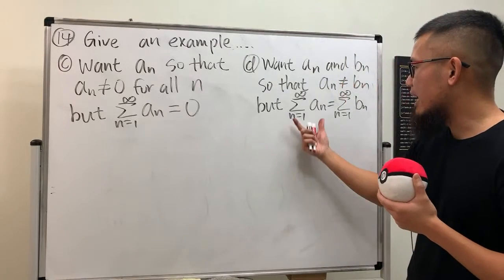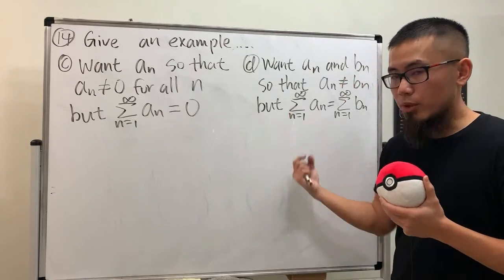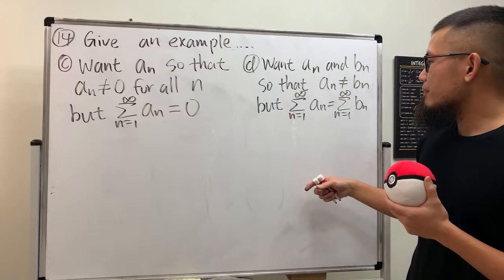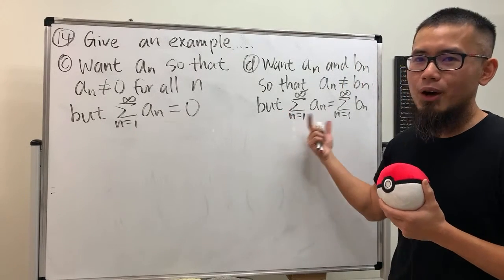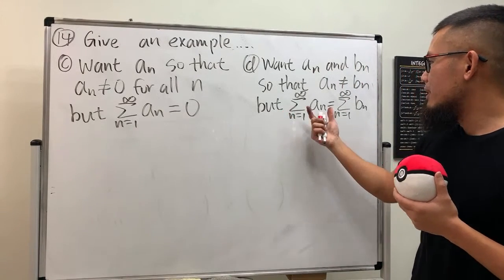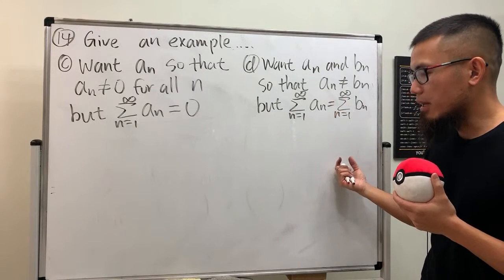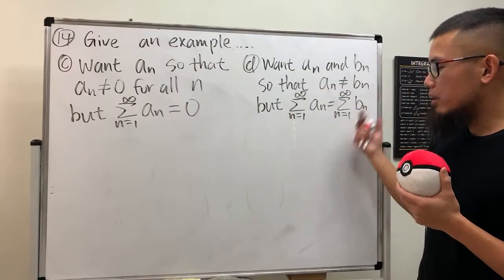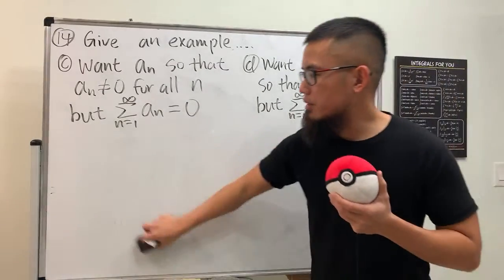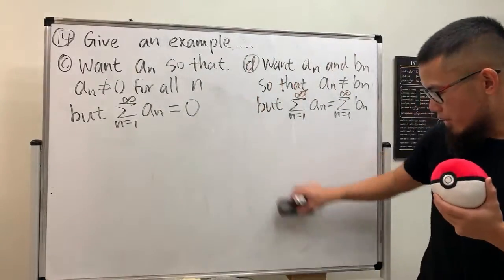I just want to clarify that this should turn out to be a number, convergent only. So this should converge to a finite number, and likewise this should also converge to a finite number. But a_n and b_n are different. So I have these 2 questions for you guys.